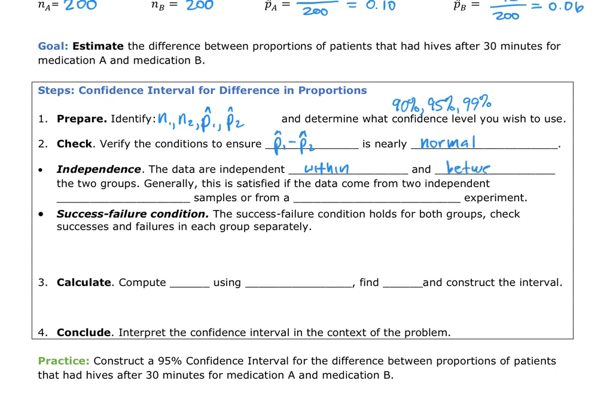So we now have a situation where we have 2 separate samples, one for each of the 2 things that we're comparing. So we want independence within each sample and between each sample. And that is generally satisfied if we have random sampling, or if it's an experiment, we want a randomized experiment.